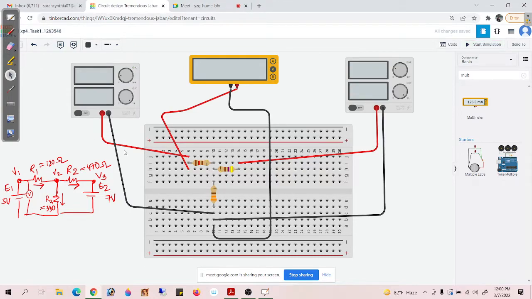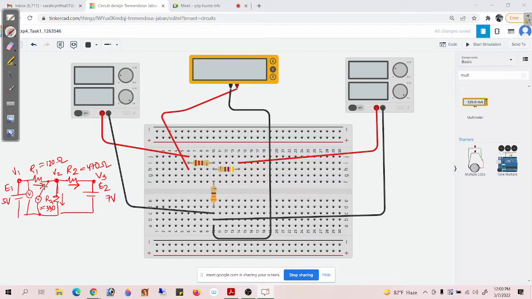In order to measure V2, I have to place the voltage source over here, right? The positive terminal will be connected just after R1, and the negative terminal will be grounded.